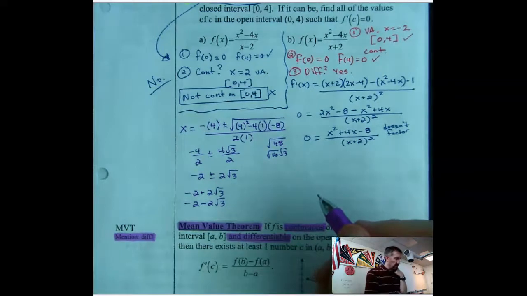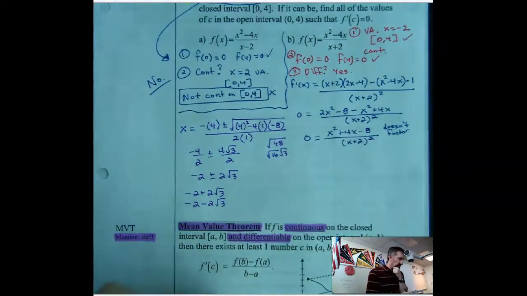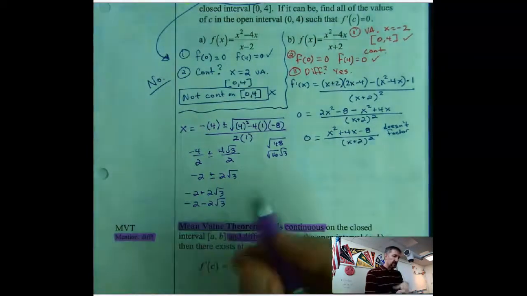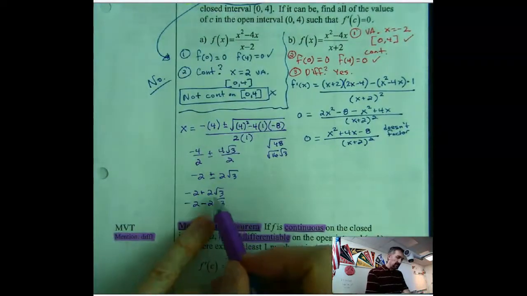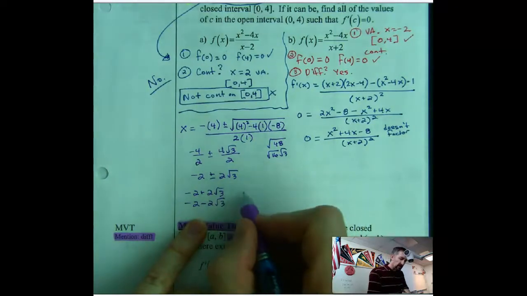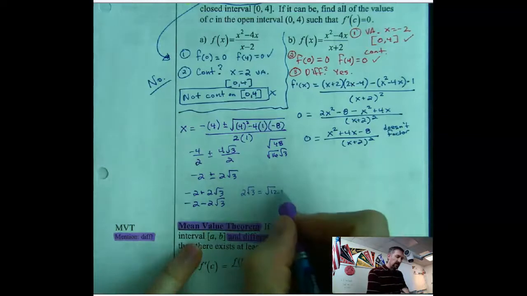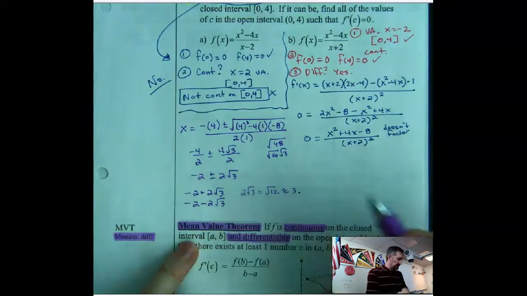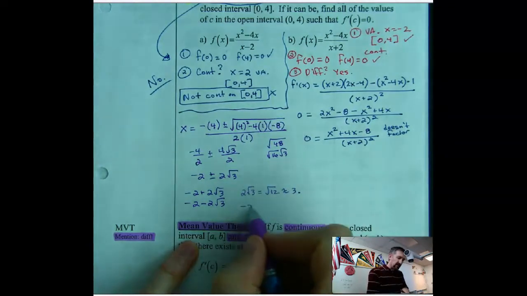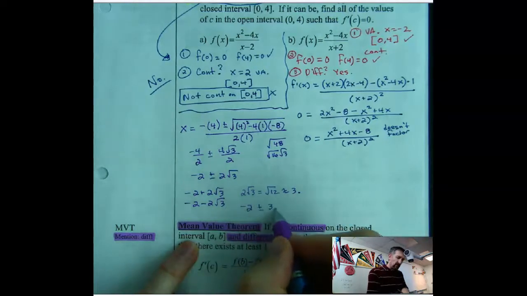So our interval was from 0 to 4. If you think about it, 2 root 3, if we square that, that's 4 times 3, that's root 12. 2 root 3 equals root 12, which is 3 point something. So you're going to have negative 2 plus or minus 3 point something.